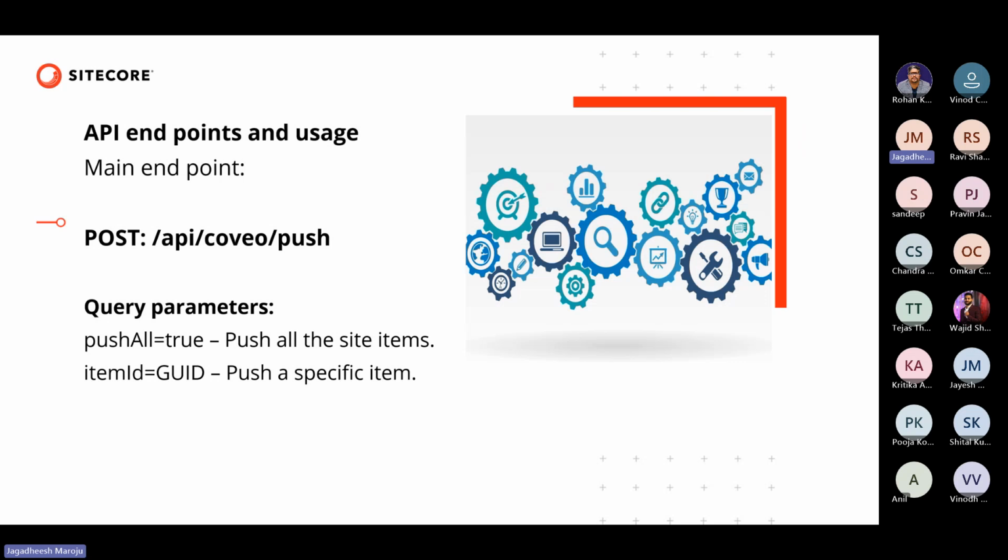One is pushAll. pushAll equals true means it will completely push all your site data to Coveo. That's the first thing. And then, as I mentioned in the previous slide, you can give an item ID as a query string parameter to this API, and that will push that specific item. So these are the two operations we can do with this API endpoint.